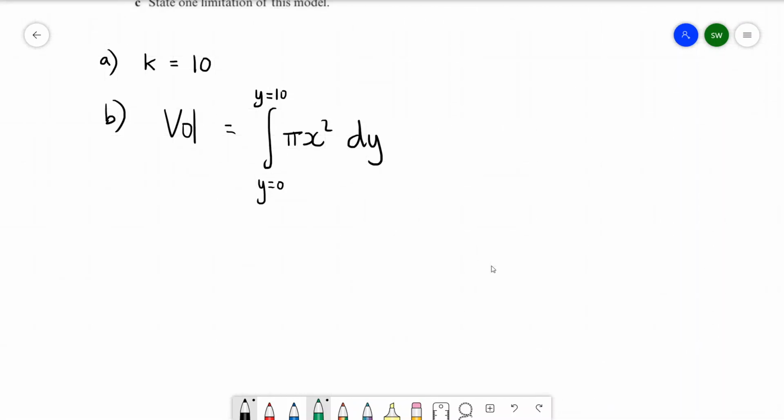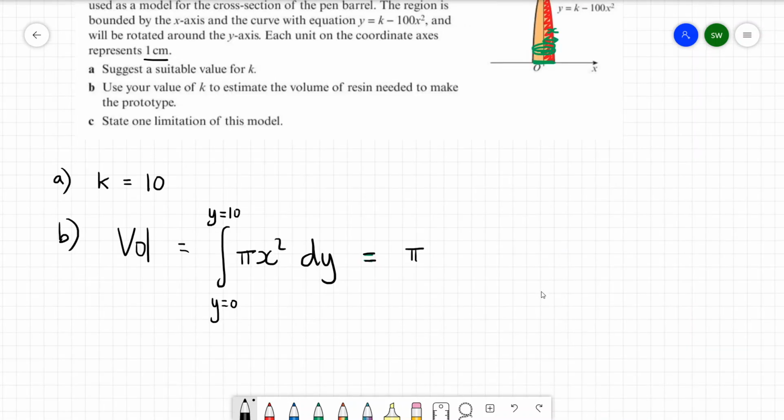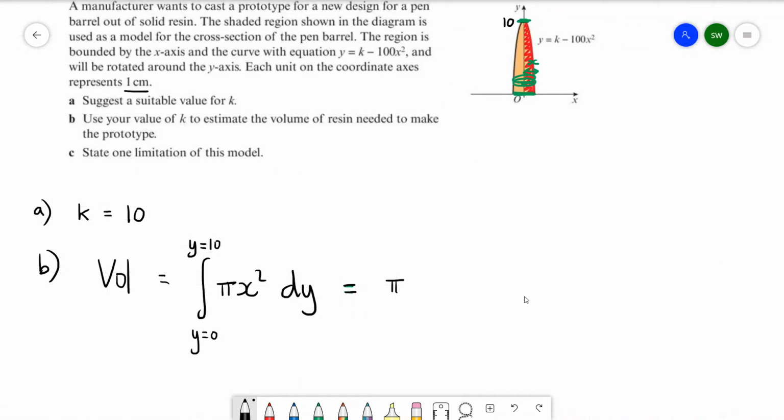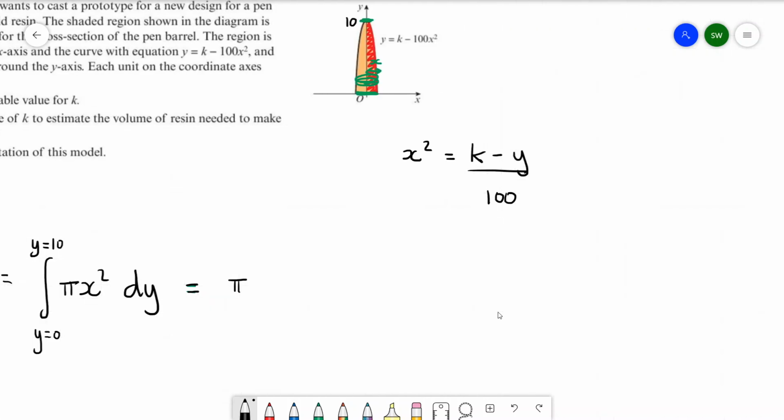So in order to use this formula, we need to get it in terms of y. So we need to replace x squared with something in terms of y. I'm going to take the pi outside of the integral. If we rearrange the formula, we get that x squared is equal to k minus y over 100. But remember, k is equal to 10.